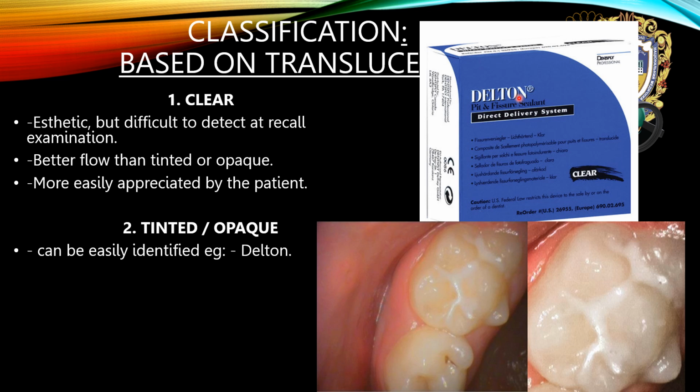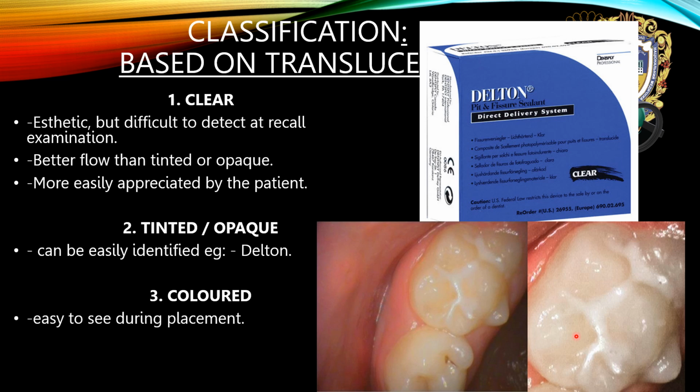Like Delton product, and we can notice that we can identify a material of this type easily on a tooth surface. And colored sealants.